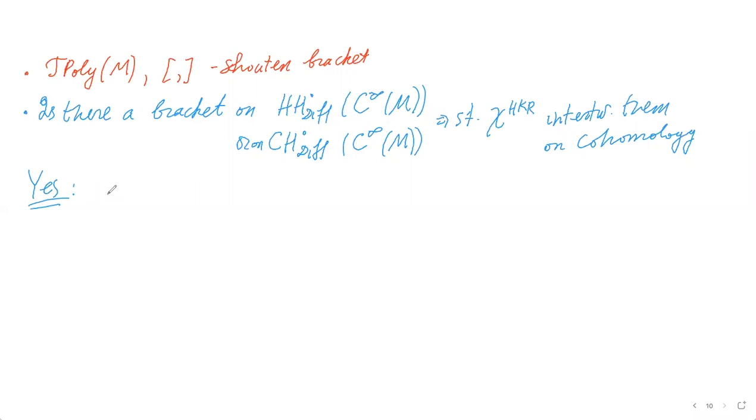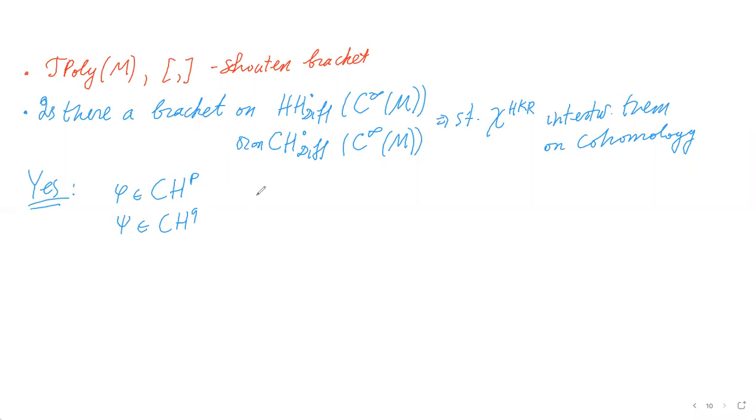Suppose you have two cochains, again phi, let it be a p-cochain, and psi, a q-cochain. Again, there is no need to restrict your attention to differentiable cochains, because the same works perfectly well with an arbitrary algebra, not just with the differentiable algebra.